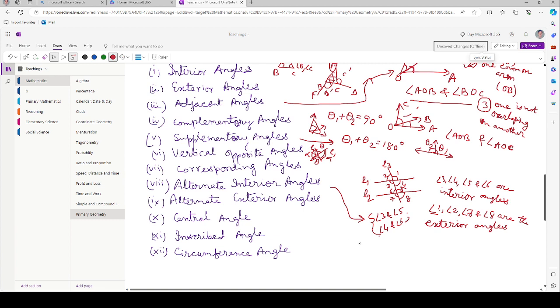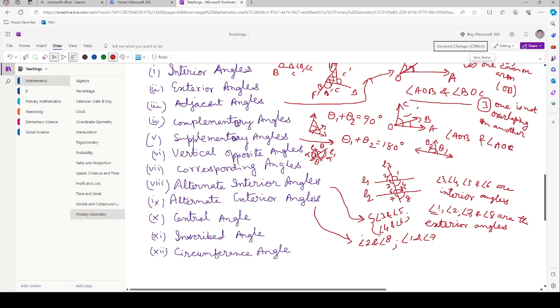So, angle 2 and 8 as well as angle 1 and 7 are the pairs of alternate exterior angles. I hope you understand corresponding angles, alternate interior angles, alternate exterior angles.